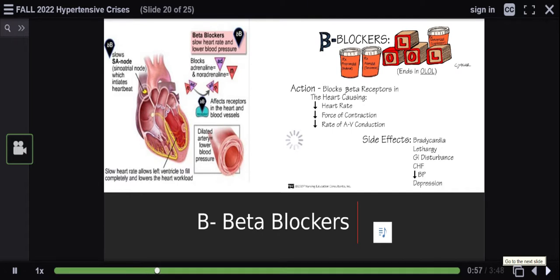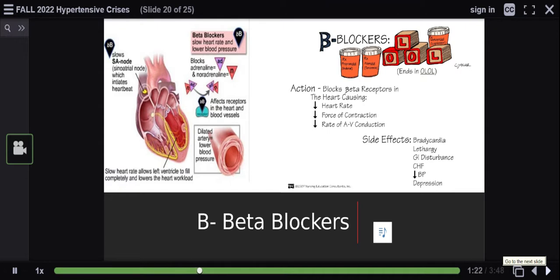When the heart rate gets low, it allows the left ventricle to fill completely and lowers the heart workload. Primarily these are medications given to clients who have unstable angina or MI or cardiac arrest and heart failure.